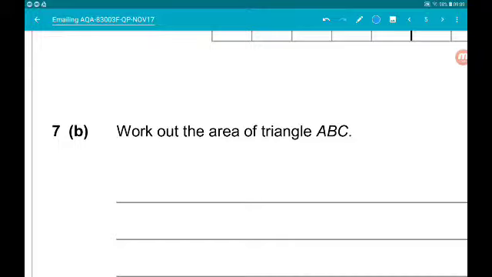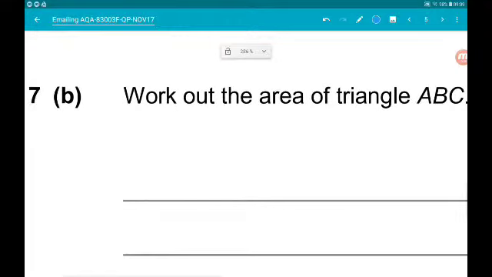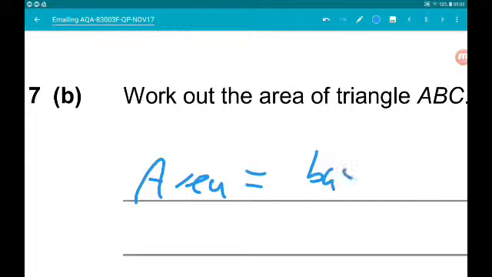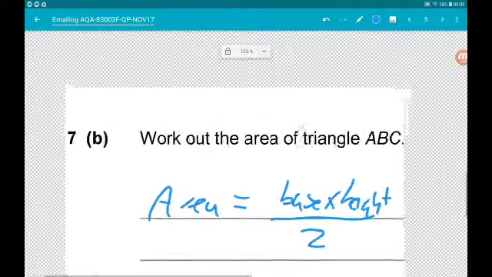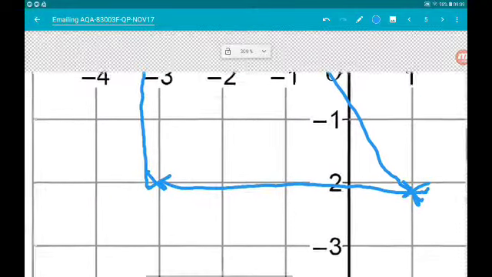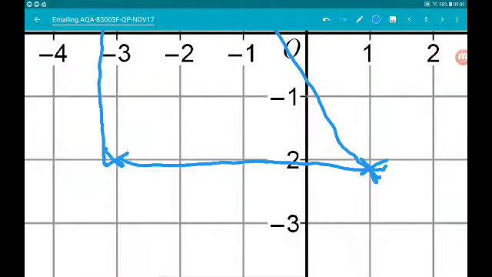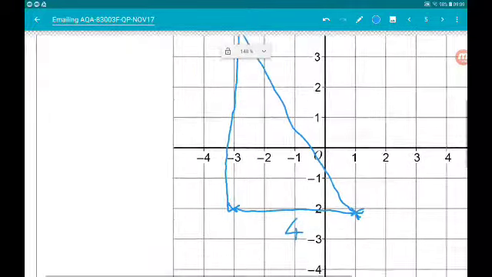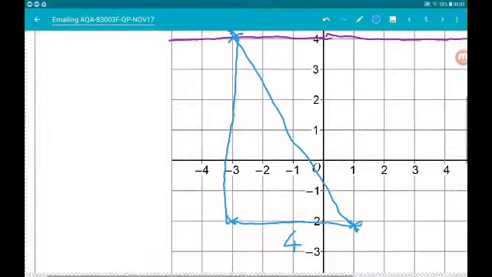So, area of a triangle is the base times the height all over 2. So for us, the base is 4 and the height is 6.